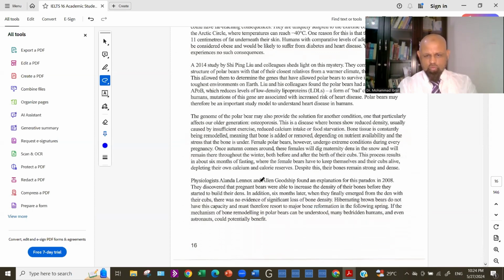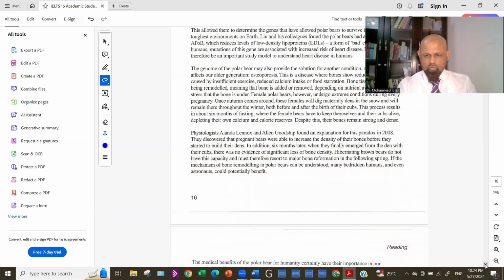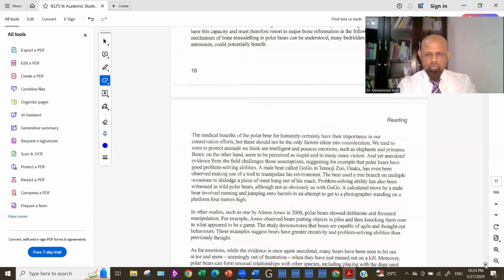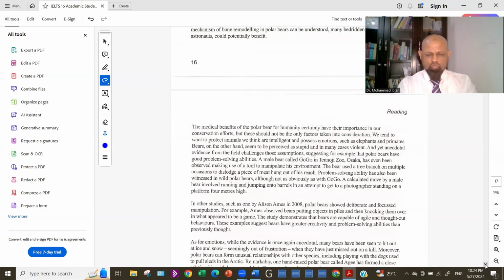Now, physiologists discovered that the pregnant bears were also able to increase the density of their bone. Again, it's about bones. If the mechanism of bone remodeling in polar bears can be understood, many humans could potentially benefit. Okay, it's about how humans can benefit if the bones of the bear are studied or examined.